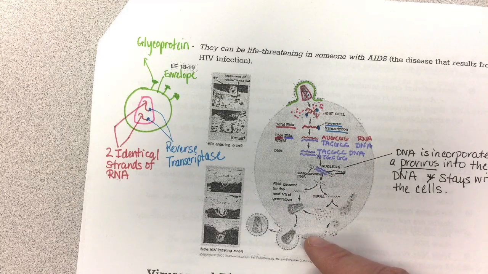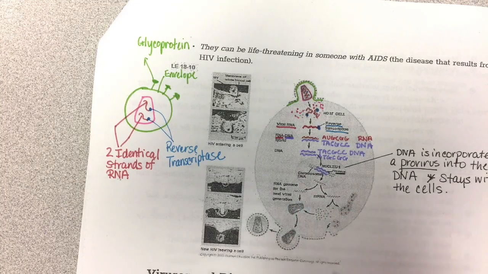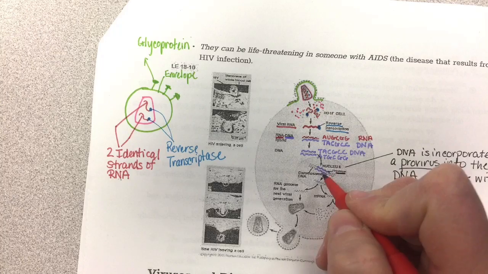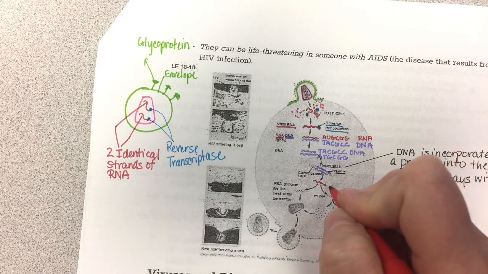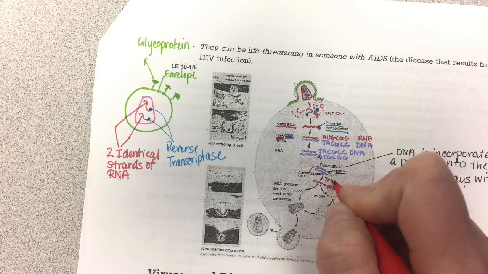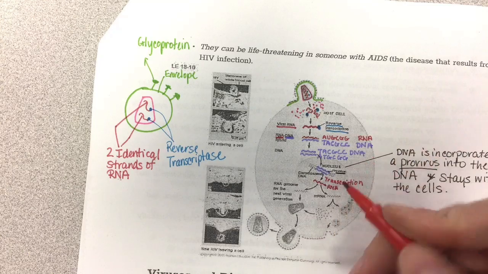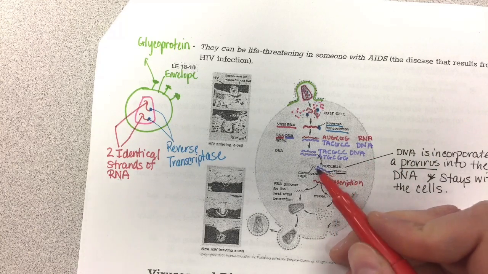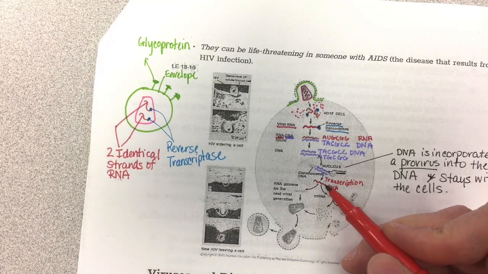So that's what we see here: this is your DNA. With DNA, when we go through transcription in our nucleus, we make mRNA, right? So here's your RNA from your DNA. That's called transcription. And so we're using not our gene, but the virus's gene, and we're making the RNA.